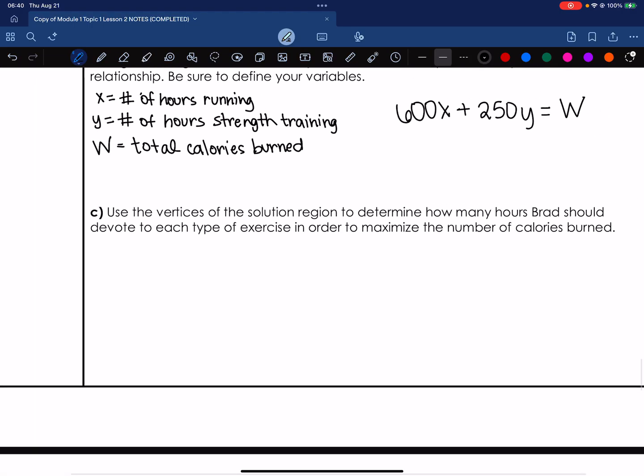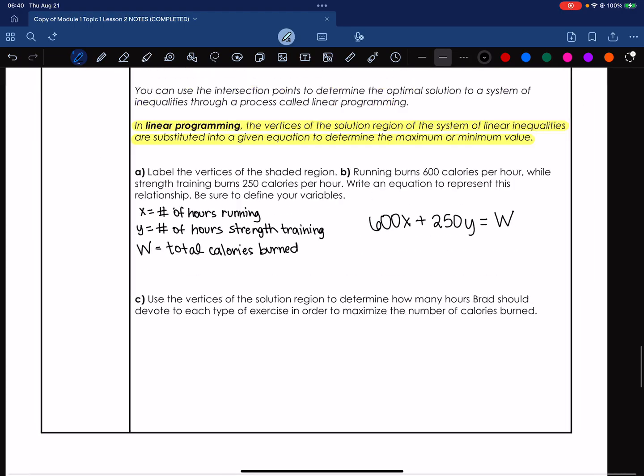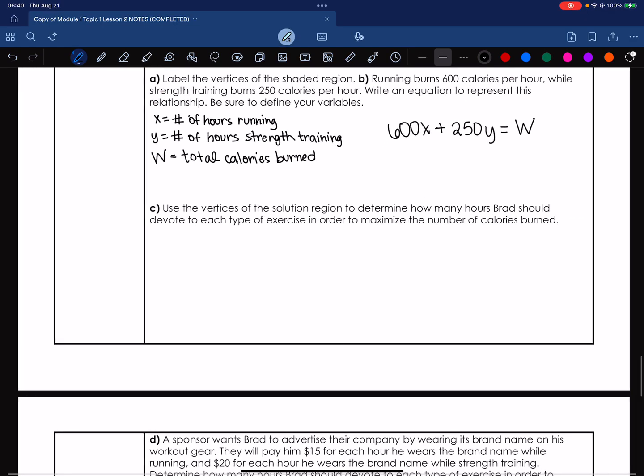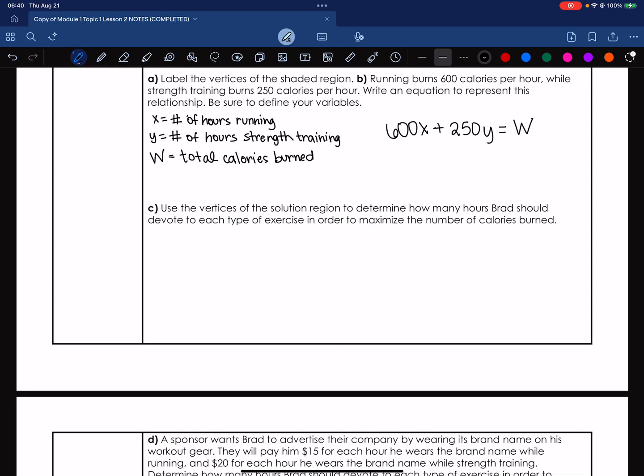So we're going to take that equation and plug in all of those vertices. Oh, there were 6 vertices, so we're going to have this 6 different times. So here we go. We have 600 times 3 plus 250 times 0. Type that into your calculator.